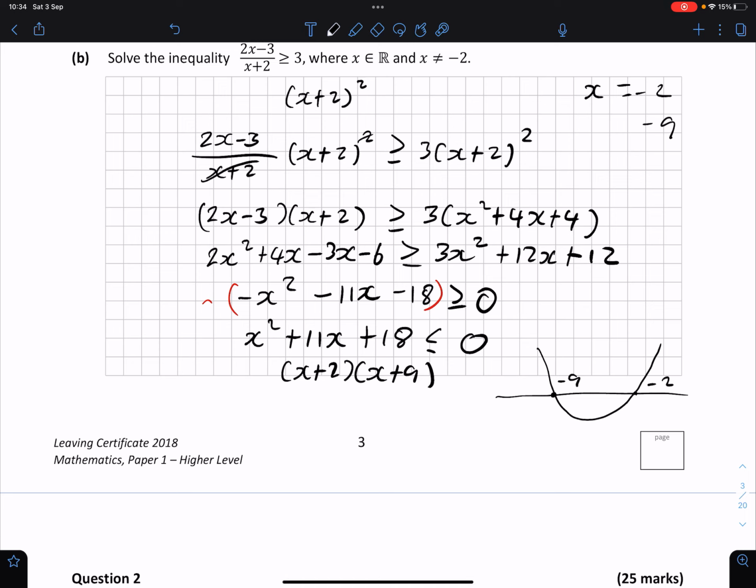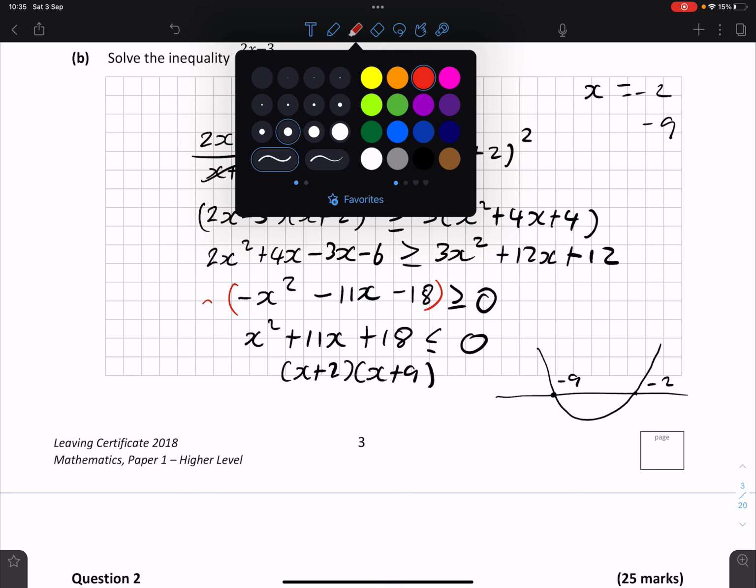Now the question is, are we concerned with this portion of the graph up here, or with this portion of the graph? Well, we go back to the inequality that we have here. Essentially we're saying take the quadratic and look at the part of the graph for which all of these values are below 0, so below this line. So we're not concerned with this part, we're concerned with this part here.